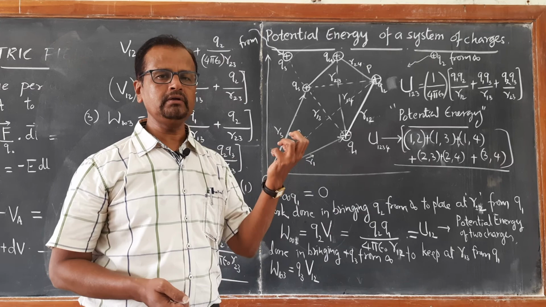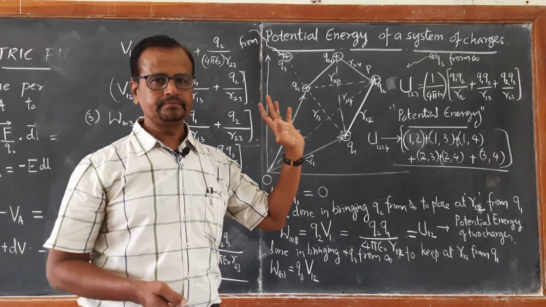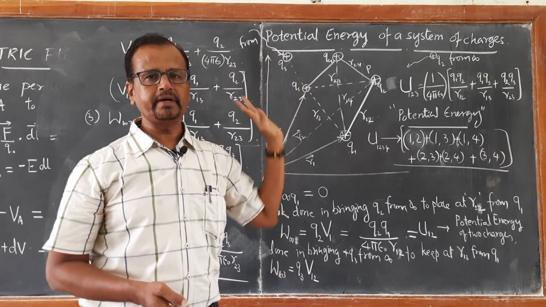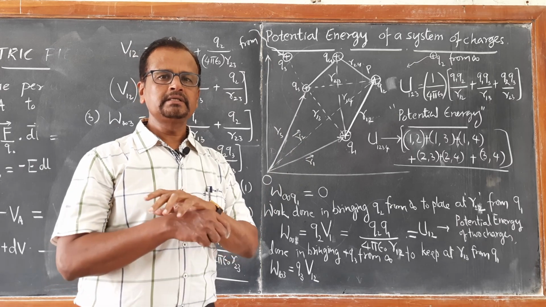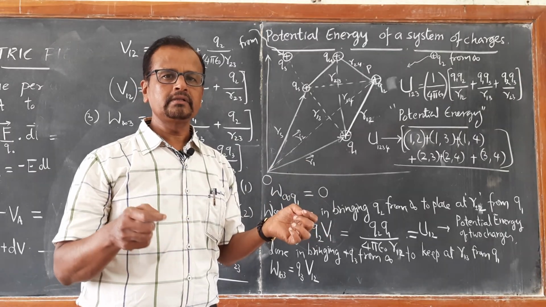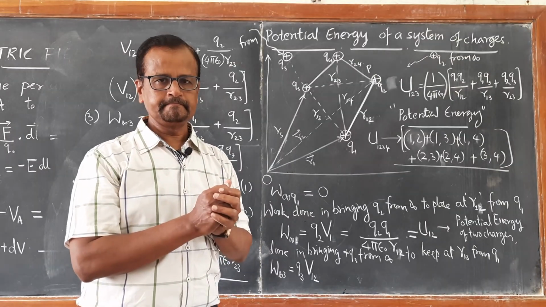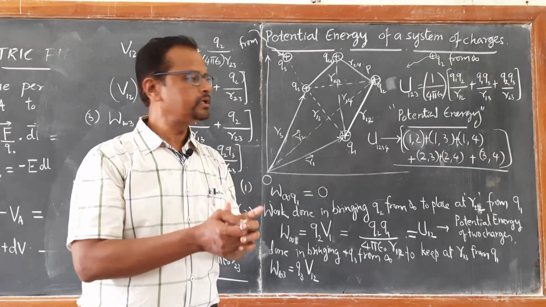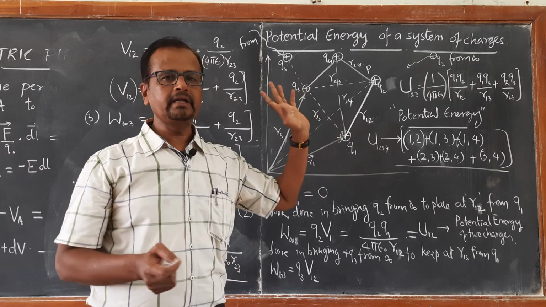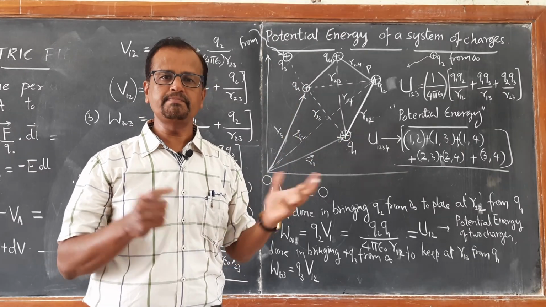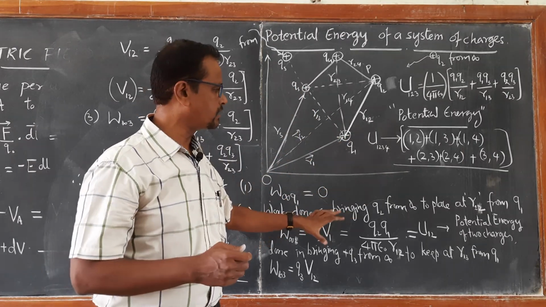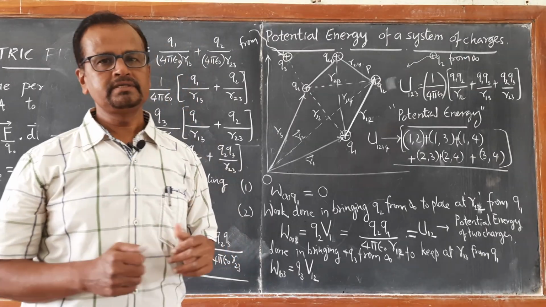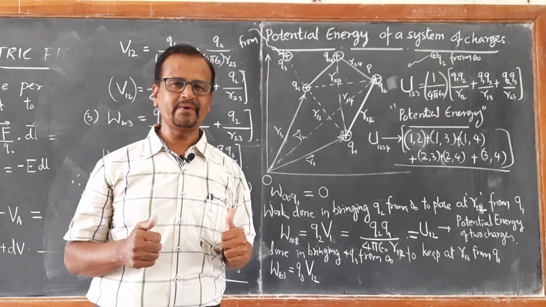It depends only on the initial and final position, and it does not depend on the path that is chosen. Whatever the way the work is done, it depends only on the final and initial position. So it is path independent. This is how we conclude the potential energy of a system of charges. Thank you. Have a nice day. Bye.